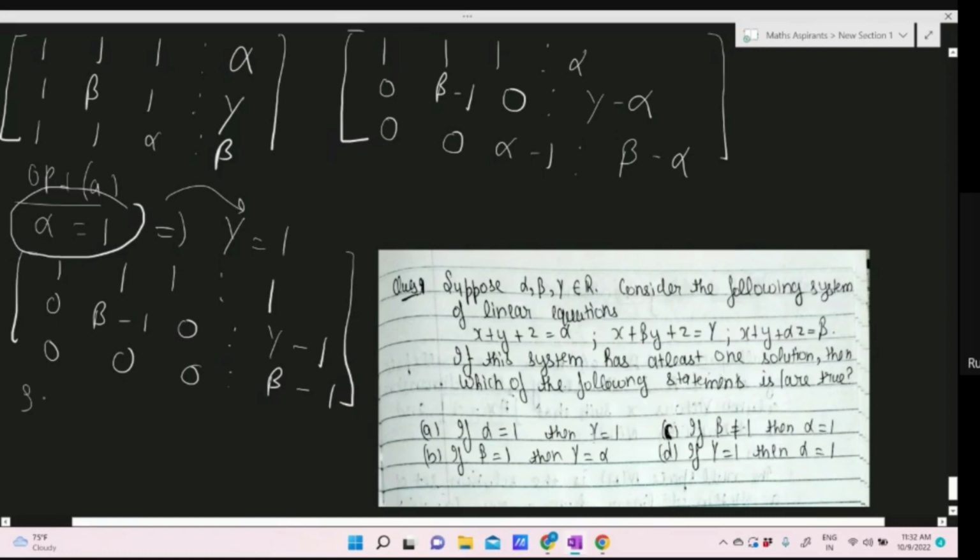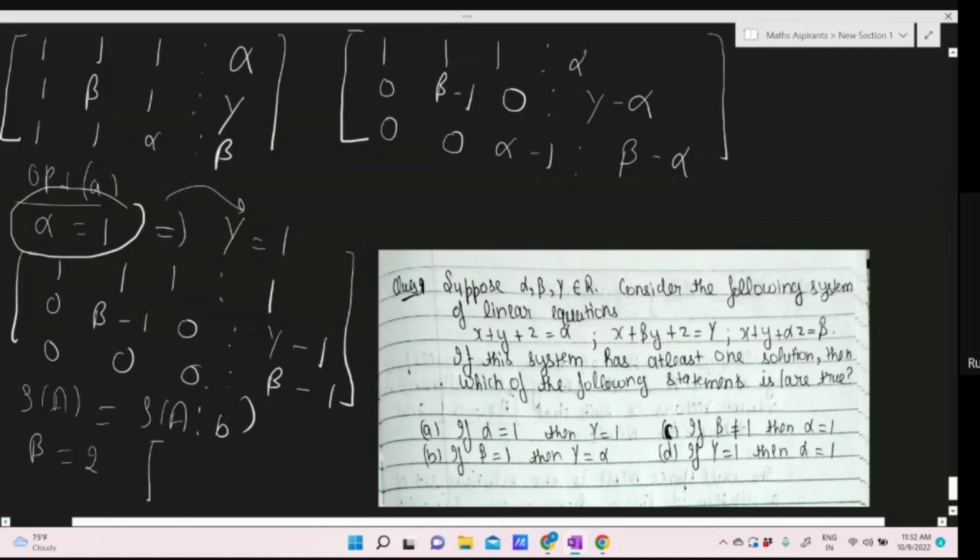Now for consistency, we always have rank of A is equal to rank of A augmented B. Here you can see that for beta not equal to 1, the rank of matrix A is 2. Let us take beta is equal to 2.